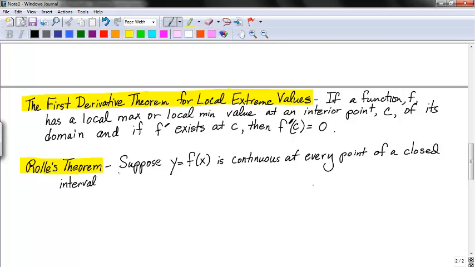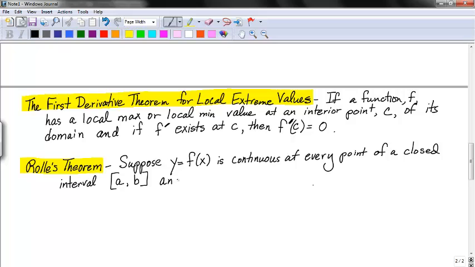Remember our symbol for closed intervals we used at the beginning of the year? Closed means it includes those endpoints A and B. Suppose y equals f of x is continuous at every point of a closed interval AB. That means if it's continuous, you can draw the graph without lifting your pencil.